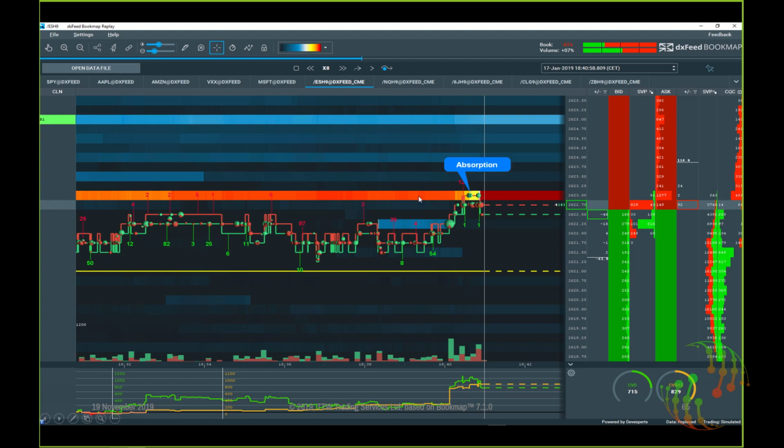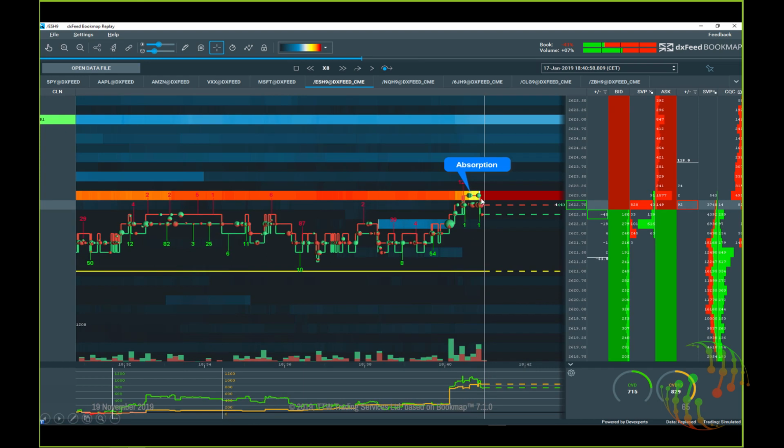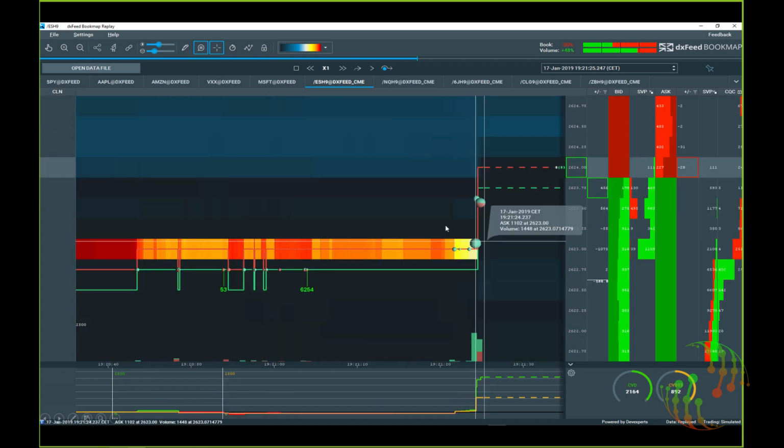And now see what happens, what happens immediately. I'm going back up a little bit. We will see that in the sweep section again. We had trading here, 1,577, roughly 1,500 contracts at 23, and suddenly something happened.